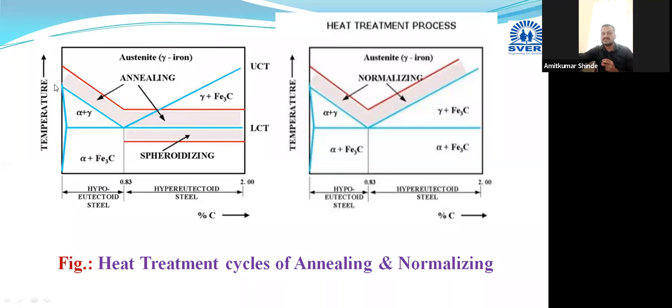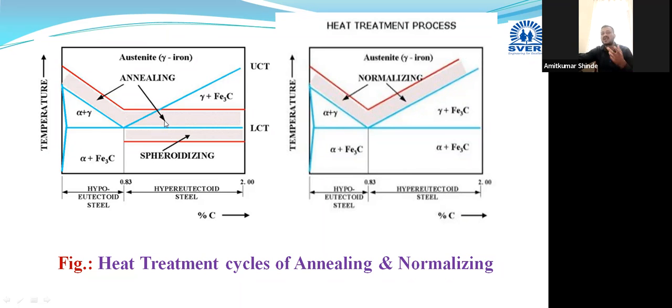This is the temperature zone for annealing, and the same temperature zone can be used for hardening also. But in annealing, we are increasing the temperature above this A3 or above this A1 line, depending on the type of steel, by 30 to 50 degrees Celsius.